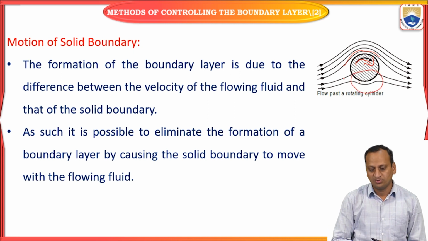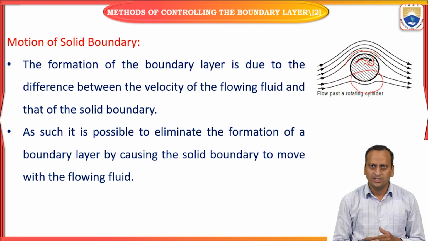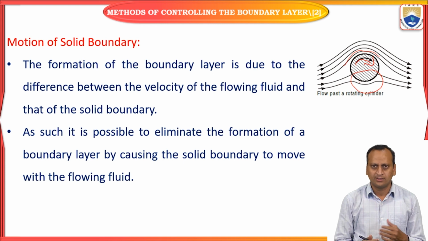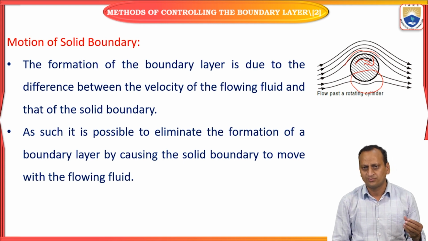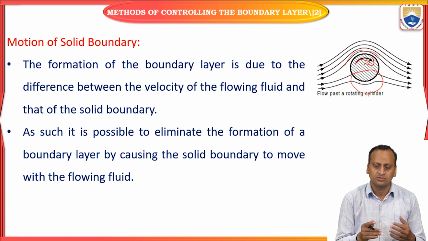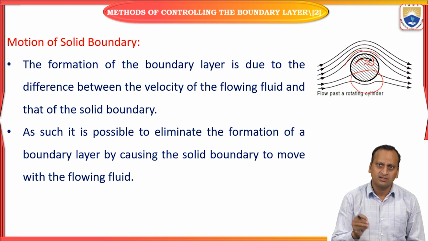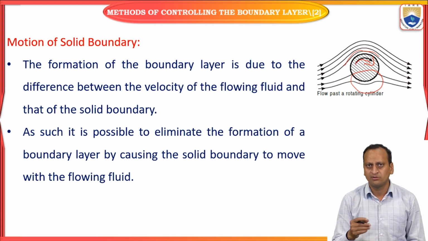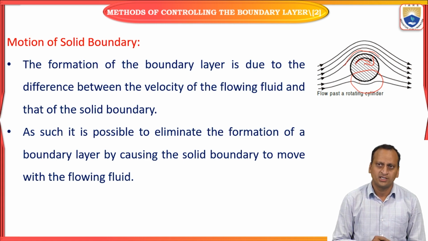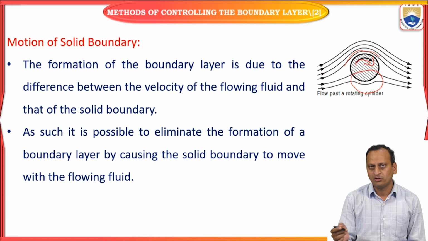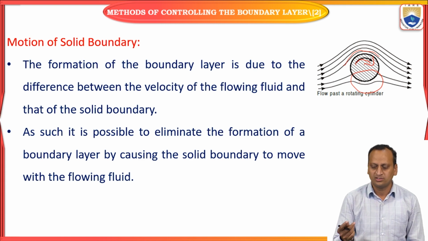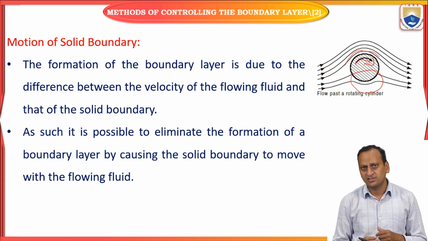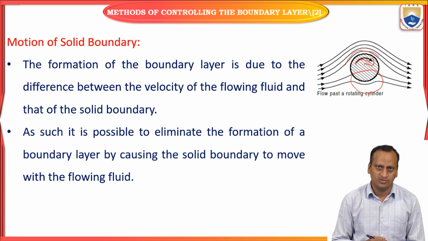So in order to control it, as the fluid is flowing, you can make the solid object also move along with the flowing fluid. In that case you can prevent formation, but in the other direction a small boundary layer will still exist.